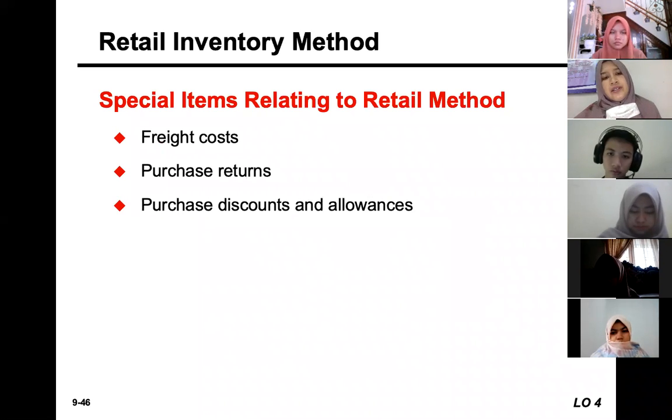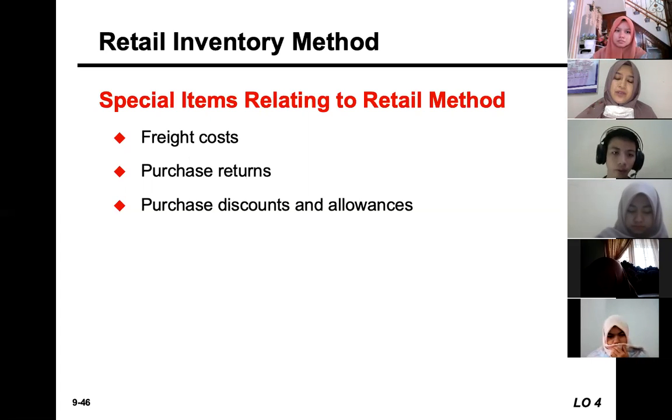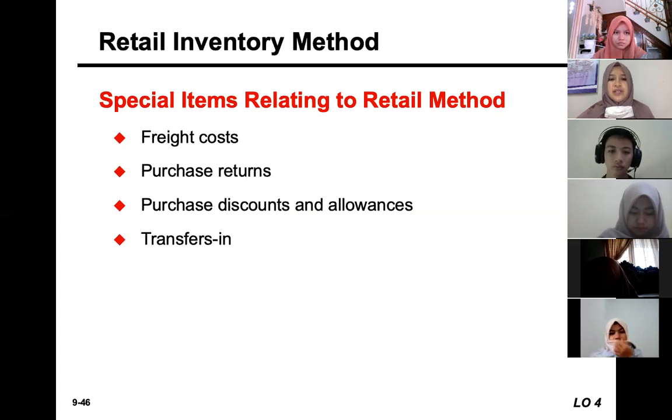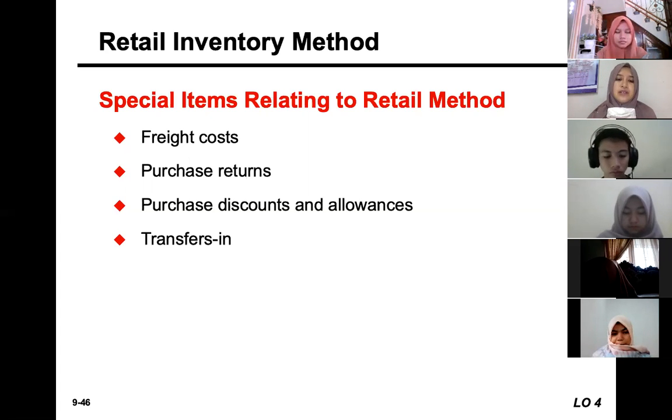Okay, special items relating to retail method. The freight cost we included just now, we add to the goods available for sale, purchase return, we minus, as well as purchase discount and allowances. Transfers in. Transfers in is the goods transferred from other division, from other subsidiary, from other unit to our company's unit, or maybe to the headquarters.